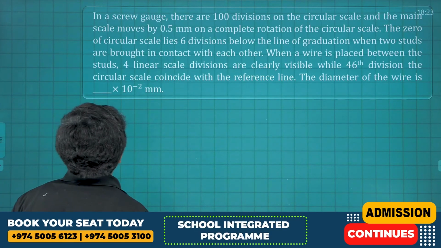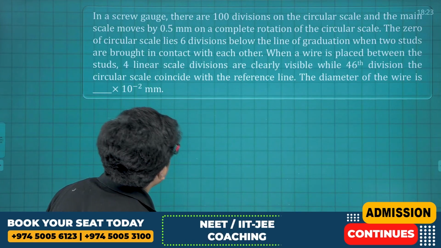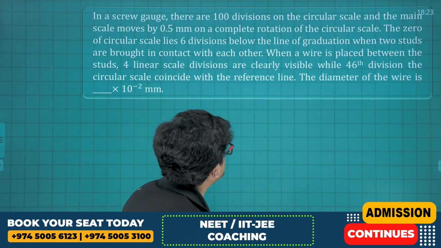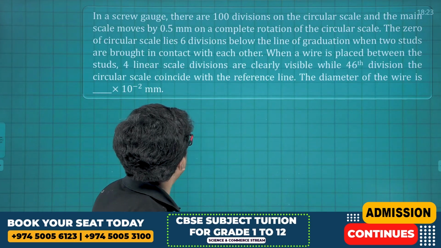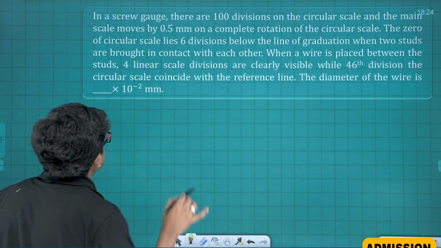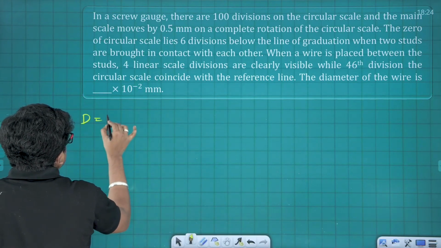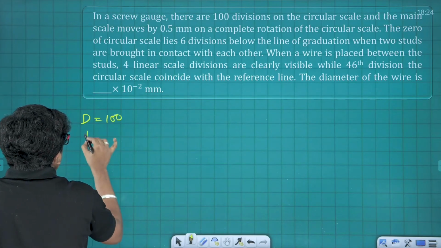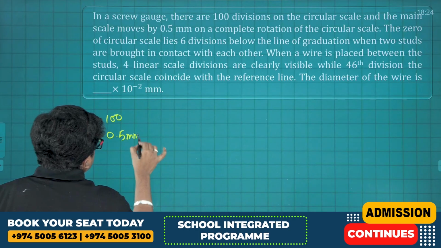The question says, in a screw gauge, there are 100 divisions on the circular scale and the main scale moves by 0.5 mm on a complete rotation of the circular scale. So the number of divisions is 100, and the pitch is equal to 0.5 mm.